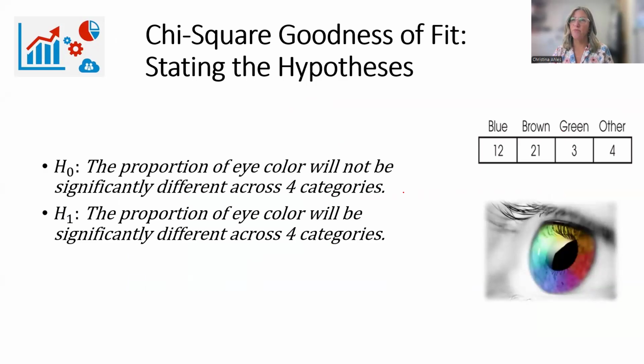So first we need to know what our hypothesis is. So in this scenario, our alternative hypothesis is that the proportion of eye color will be significantly different across 4 categories. All it's saying there's going to be a difference across. It doesn't say that green eyes are going to have the most. Sometimes there will be a specific hypothesis, like in the population, years before we had noticed that 60% of the people have brown eyes.